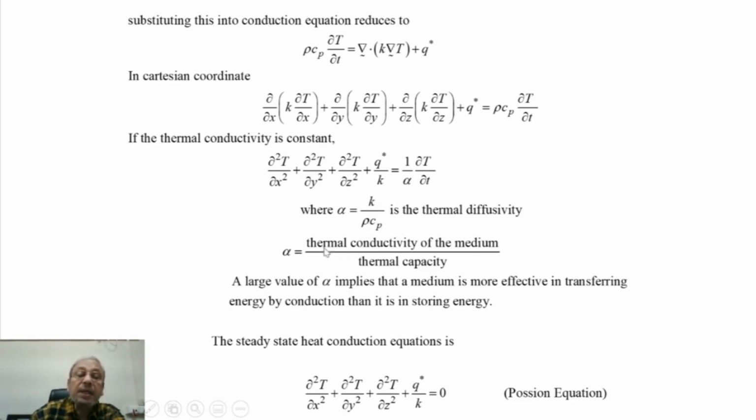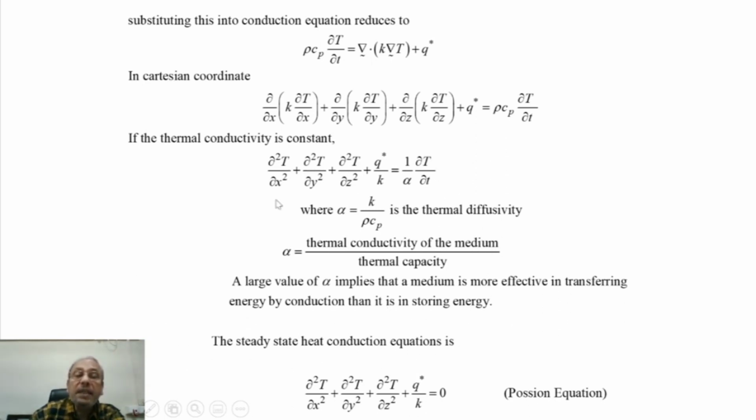To understand its implication, this is the thermal conductivity of the medium divided by rho Cp, which is nothing but the thermal capacity. So a large value of alpha implies that a medium is more effective in transferring energy by conduction than it is in storing energy.